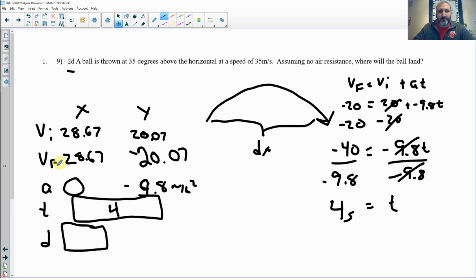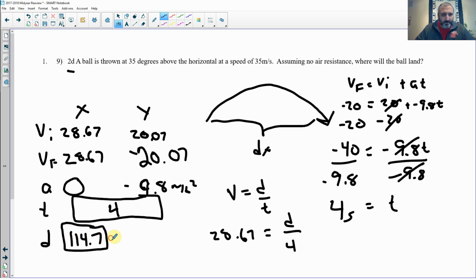So we're going to look now at the x dimension, and the equation we can use with the x dimension, because we are not accelerating, is v equals d over t. Our velocity is 28.67 equals displacement, which is what we're looking for, over time, which is 4. 4 times 28.67 equals 114, call it 0.7 meters.